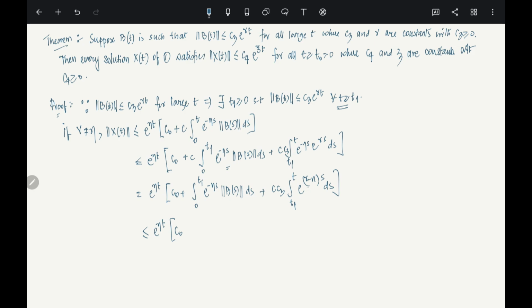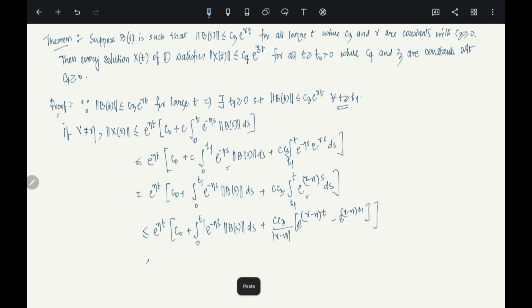This integral we can break up, plus the integral 0 to t1 of e to the power minus eta s norm of b(s) ds, plus this integral we just break up, so C3 by, and I will use the modulus here, so it's not a problem, modulus of gamma minus eta, times e to the power gamma minus eta t minus e to the power gamma minus eta t1. Clear? This is what I am going to get.